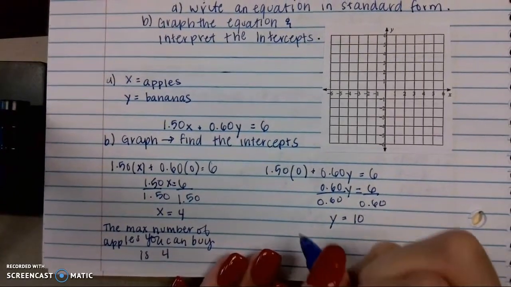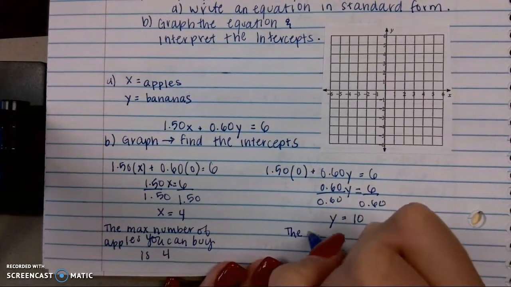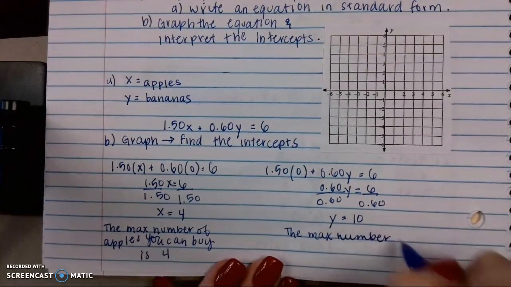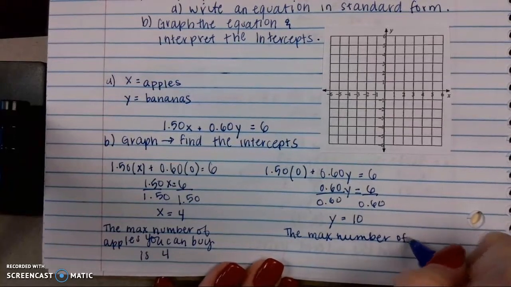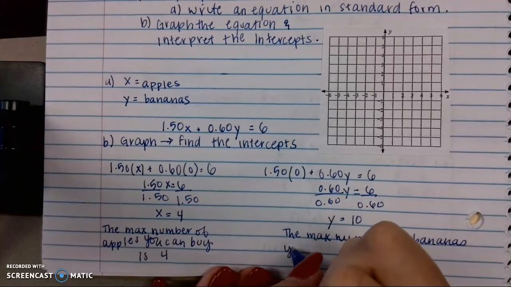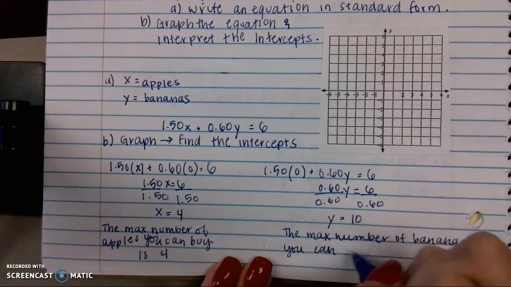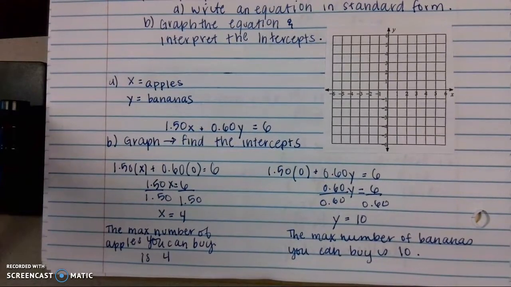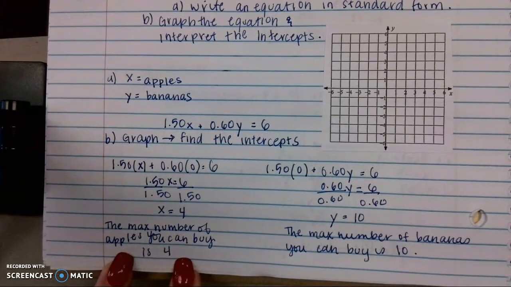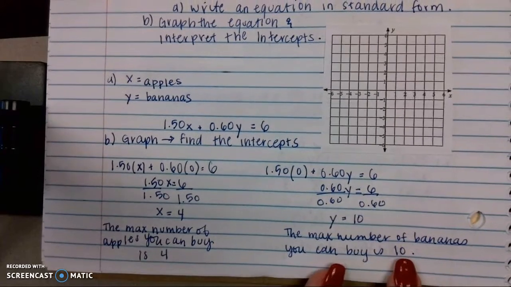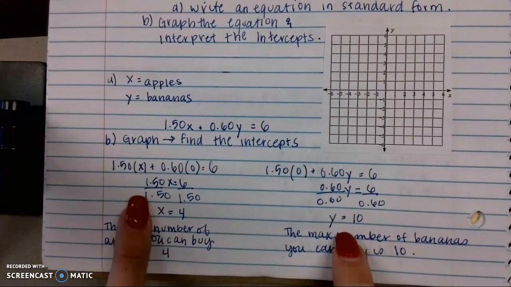So the max number of bananas that I can buy is 10. Alrighty. So now that we're interpreting the intercepts, this one here is going to be (4, 0). That's going to be our x, and then (0, 10) is going to be our y, respectively.